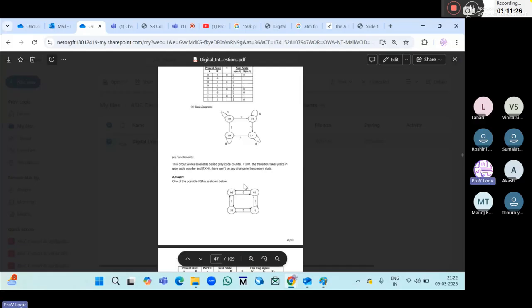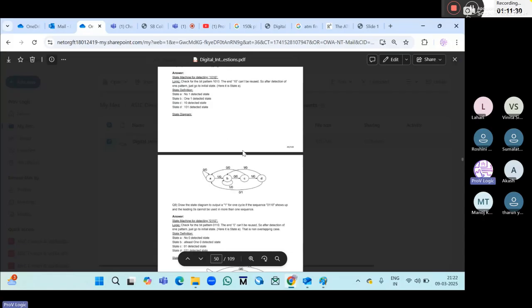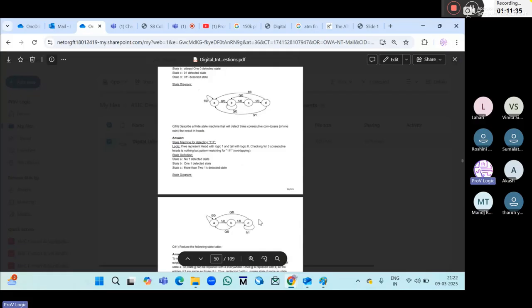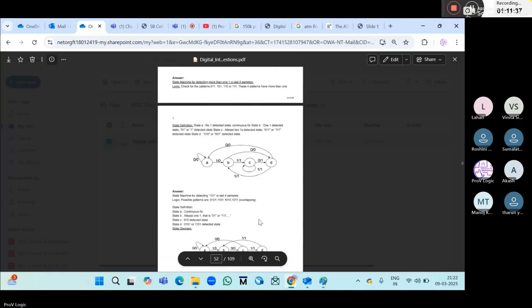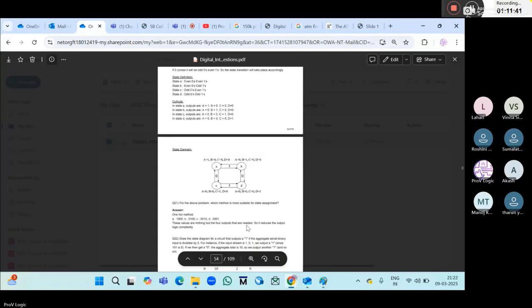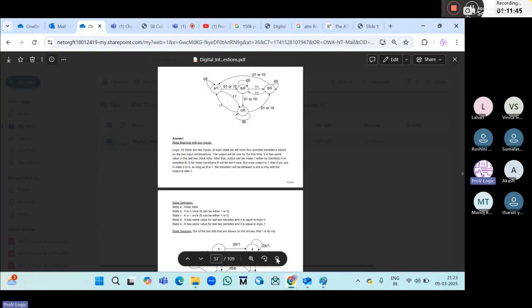How to draw an FSM, practice this. These will be enough. There are a lot of questions here. Try to practice.